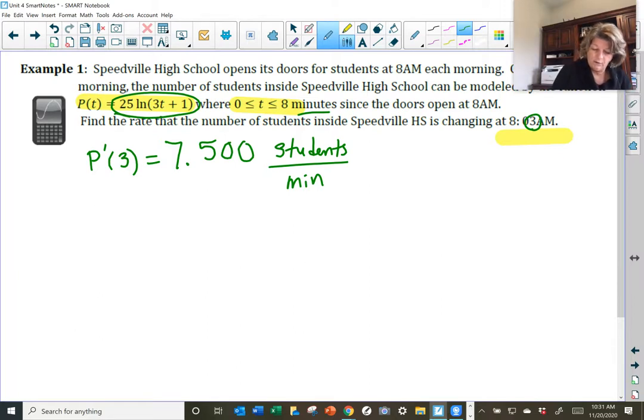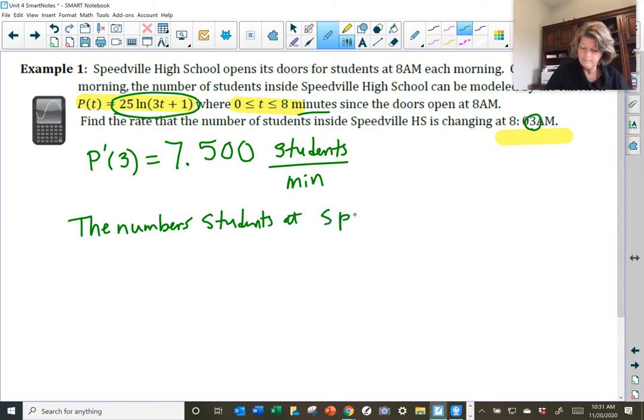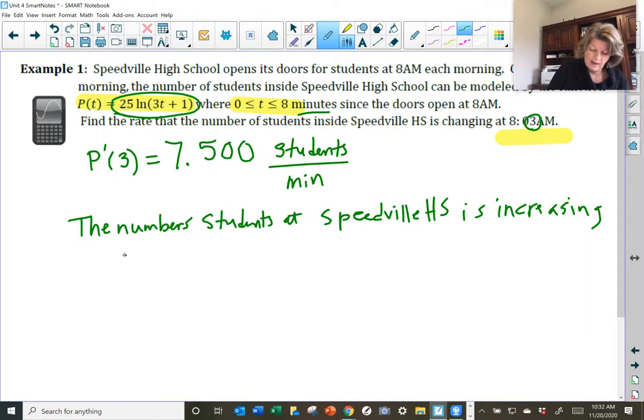And then if I wanted to write it out, I could say the number of students at Speedville High School is changing. I would almost insert the word increasing because it's positive, and it just gives a little bit more information. Is increasing at a rate.